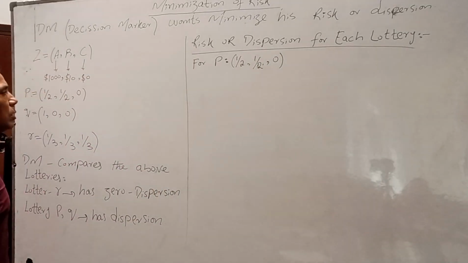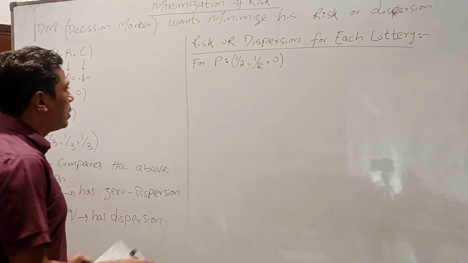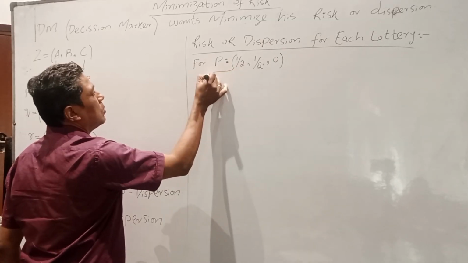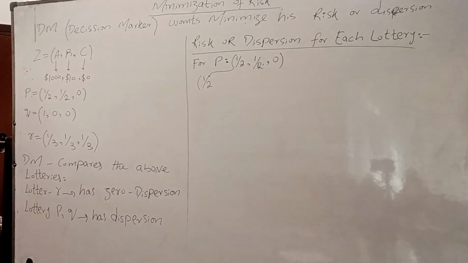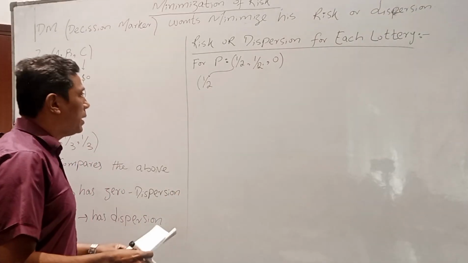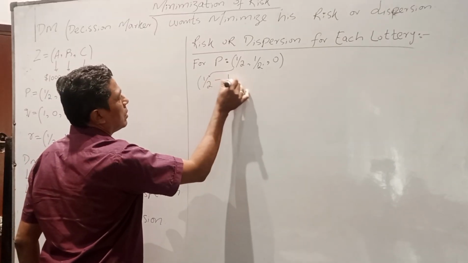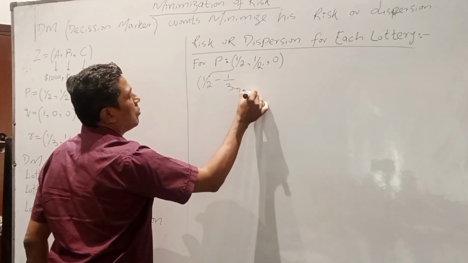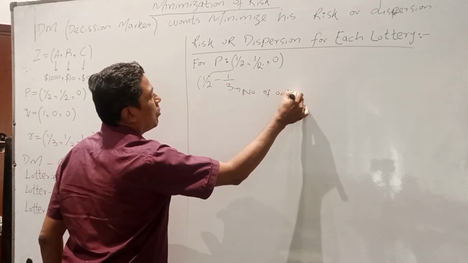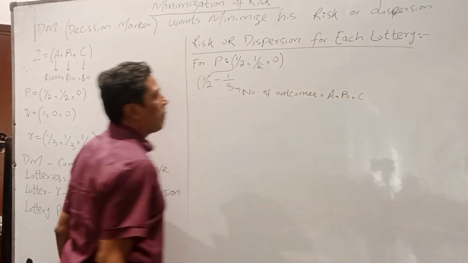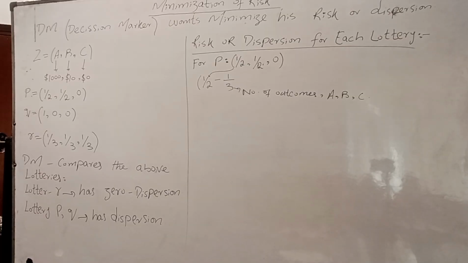So apply that dispersion formula: 1 over 2 is the probability, minus 1 over 3, where 3 is the number of outcomes A, B, C. Z was the number of outcomes.